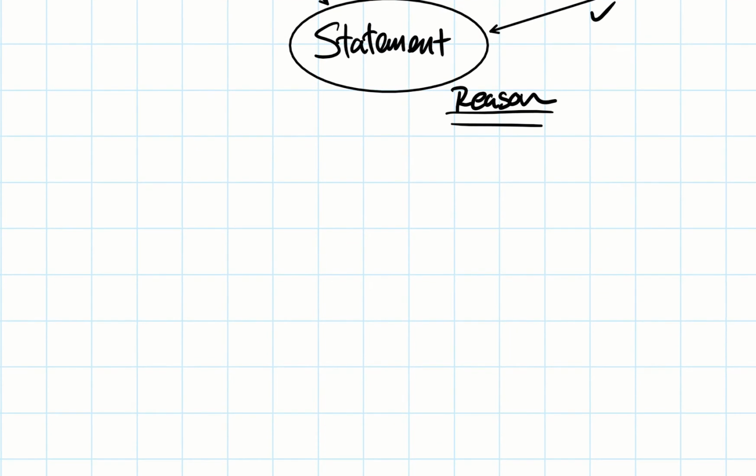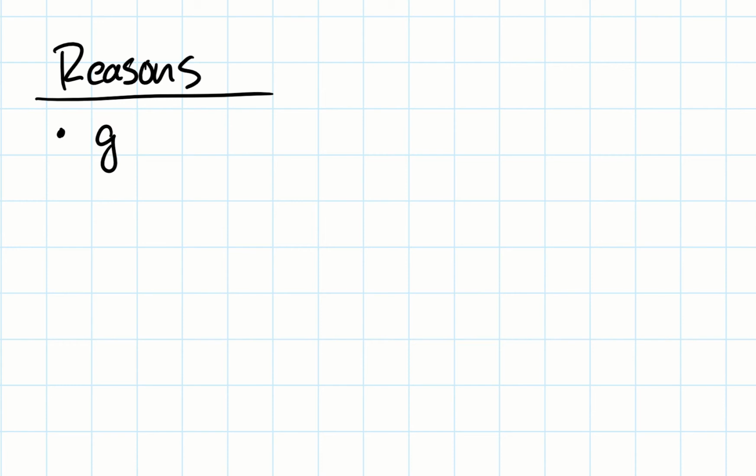So let's take a look at a list of reasons. I'm just going to write this out. Reasons. So let's build a list of reasons. Well, one of them, and you've seen me use this, is given. So on the diagram, for example, I might be given an angle measure.